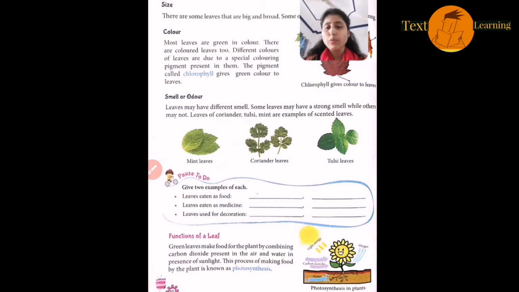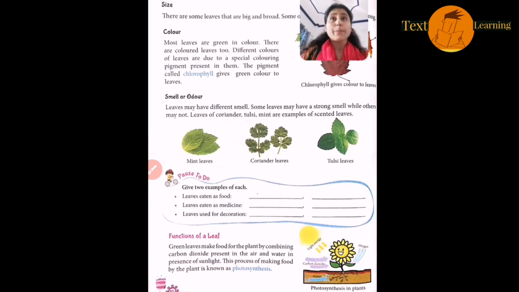Now let's talk about the function of a leaf. What is the function of a leaf? The green leaf makes food for the plant by combining carbon dioxide present in the air and water in the presence of sunlight. So the function of the leaf is to prepare food with sunlight, carbon dioxide and water.